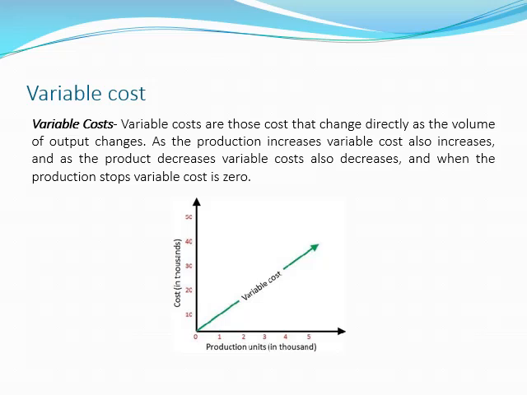Generally, if the curve is upward, the relation between two variables is direct, and if the curve is sloping down, the relation between two variables is inverse. So the curve shows that the relation between these two variables is direct.